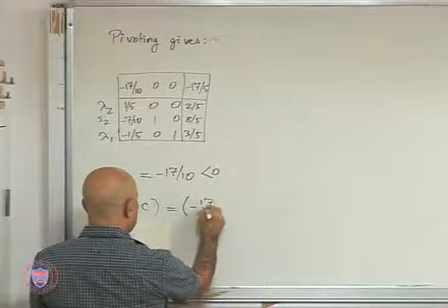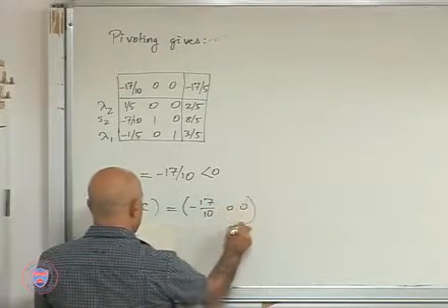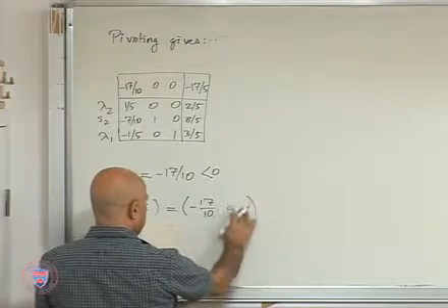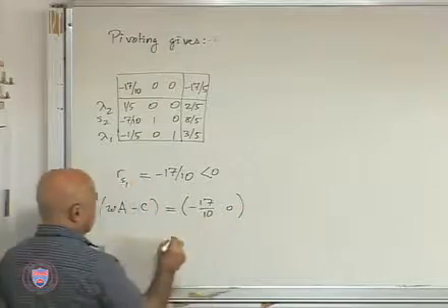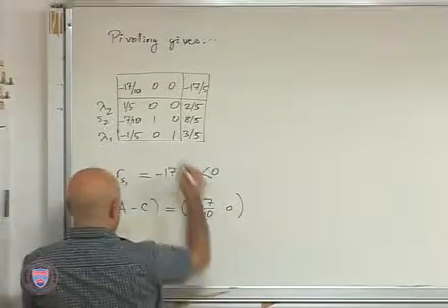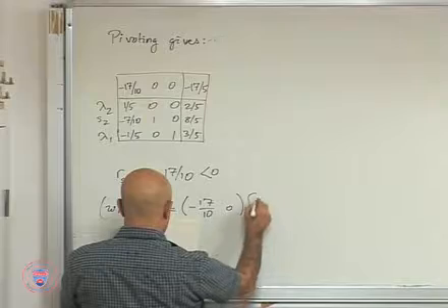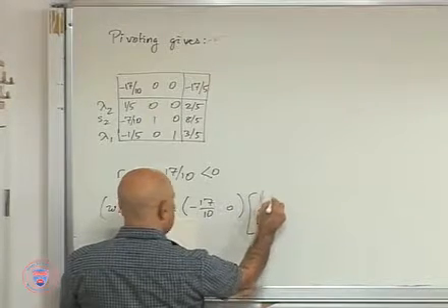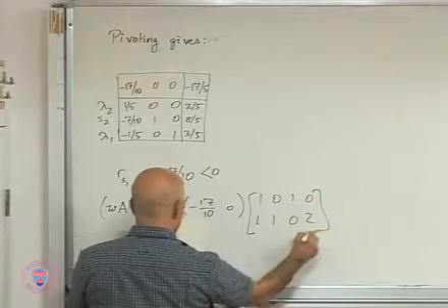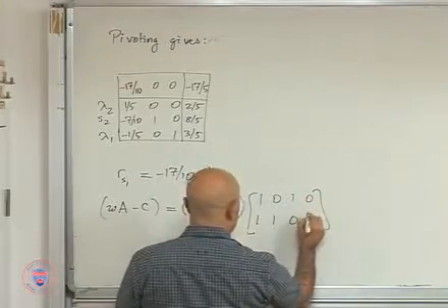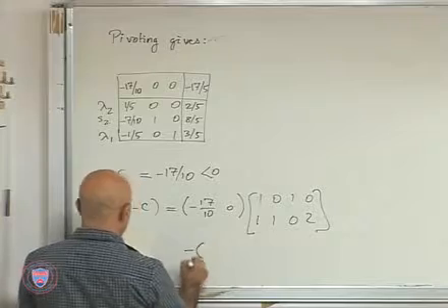Minus 17 over 10, 0, 0. No, just 0. Times 1, 1, 0, 1, 1, 0, 0, 2, minus C. What is the C vector?